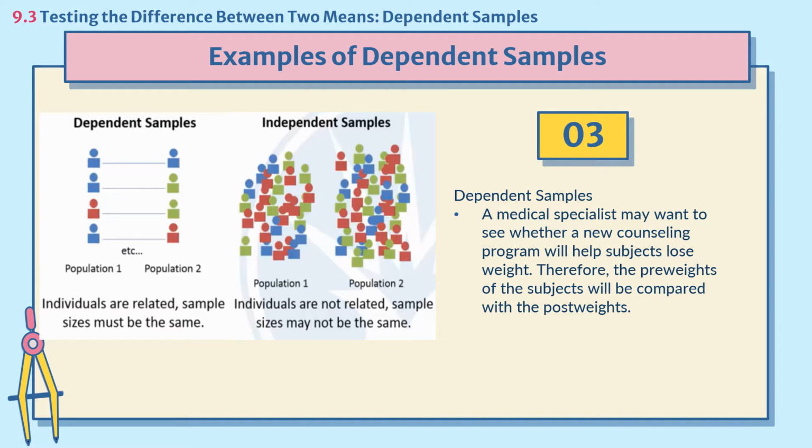Our next example: a medical specialist may want to see whether a new counseling program will help students lose weight. Therefore, the pre-weights of the subjects will be compared with the post-weights. So, titignan daw nung medical specialist kung yung bago nilang program ay makakatulong sa students or sa mga subjects nila to lose weight. So, meron ulit siyang pre-test and post-test between sa same samples.